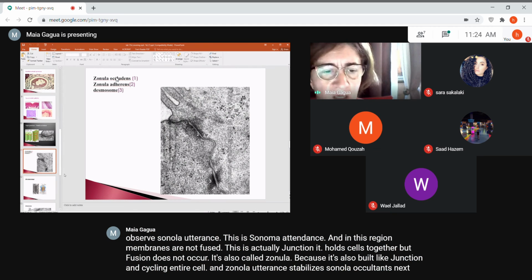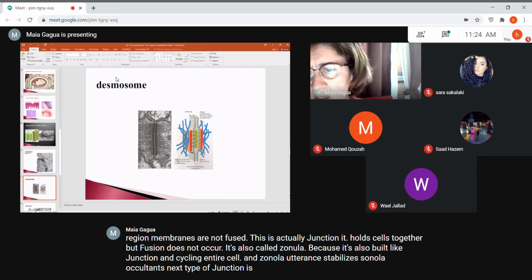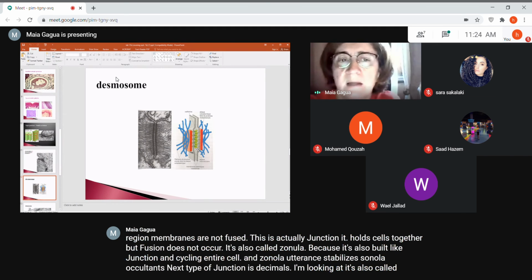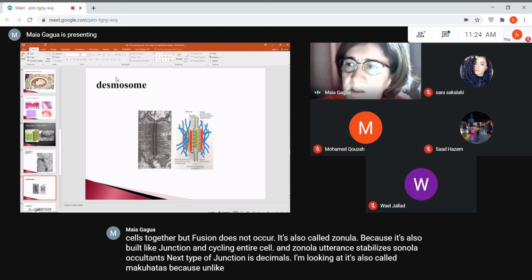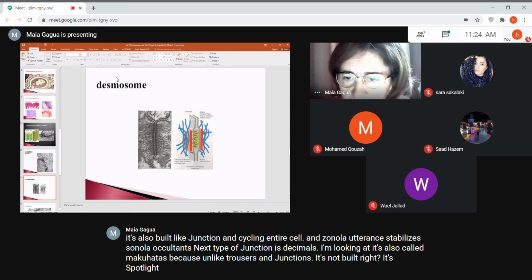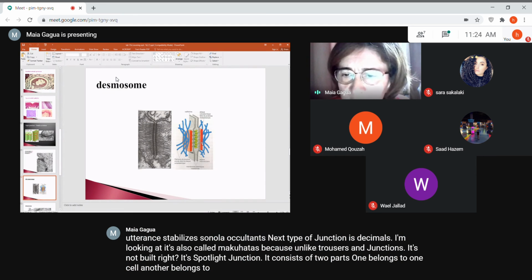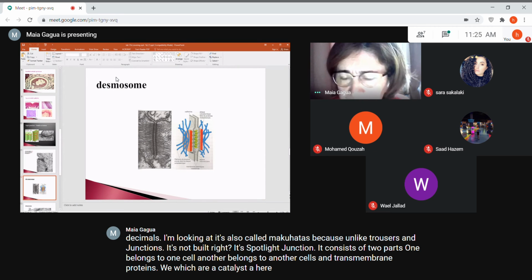Next type of junction is desmosome. Look here, it's also called macula adherens because unlike the two other junctions, it's not belt-like, it's a spot-like junction. It consists of two parts. One belongs to one cell, another belongs to another cell, and transmembrane proteins, which are cadherins, adhere cells to each other.